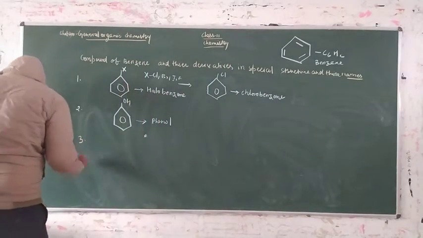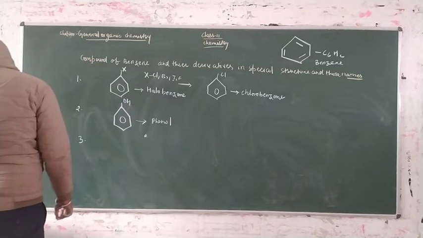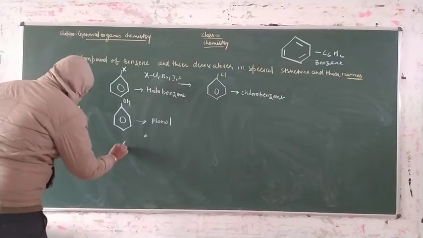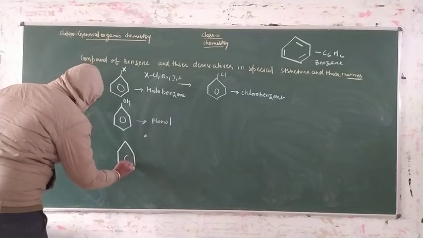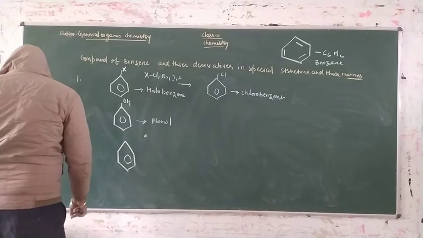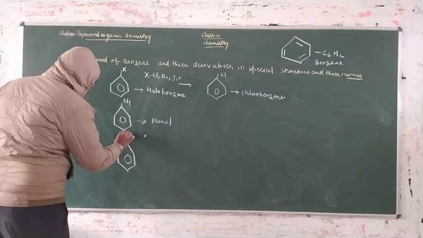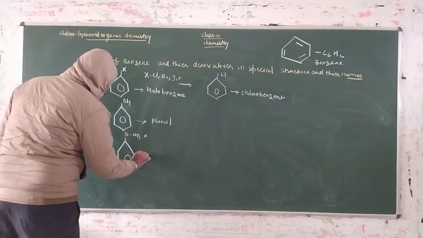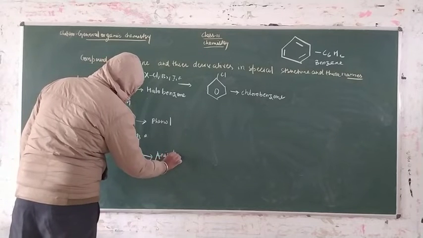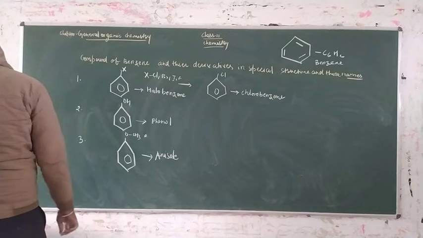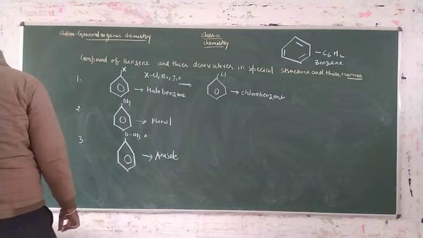Now the third one, we represent the formation like this. This is your benzene, with one oxygen combined with methyl. This is anisole.